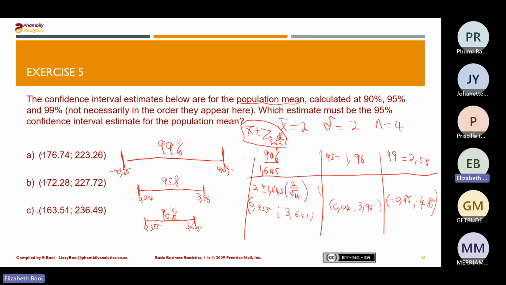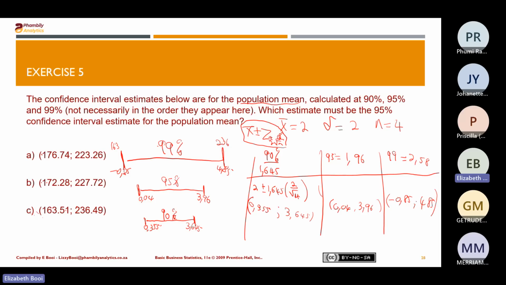By doing this, I now know that the limit where it's biggest will be a 99, and where it's second biggest, it's 95. So let's look at these values. This says it's from 163 to 236. So it means this is big. So this is 163 to 236.